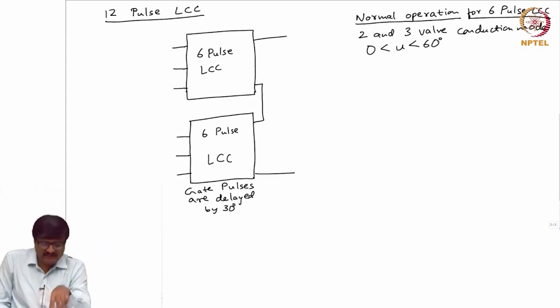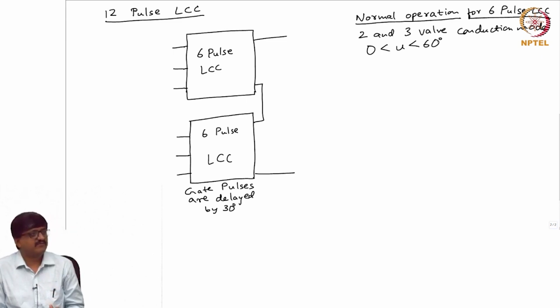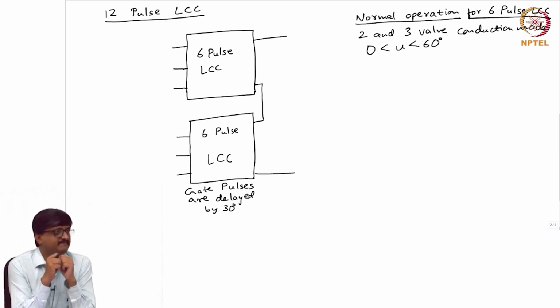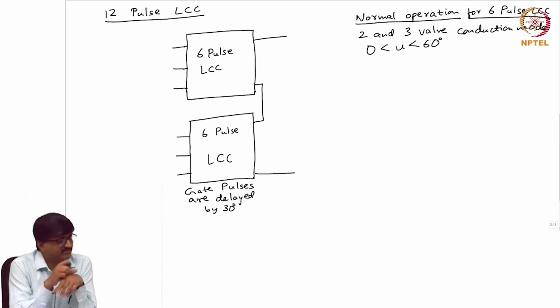Now, if I take together all the 12 thyristor valves, at any instant, what is the possible number of valves that conduct? We will have two cases where u is less than 60 or u is greater than 60. Just consider, let us assume, less than 30 or greater than 30. Okay, less than 30, what happens?